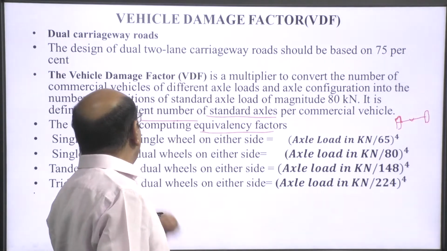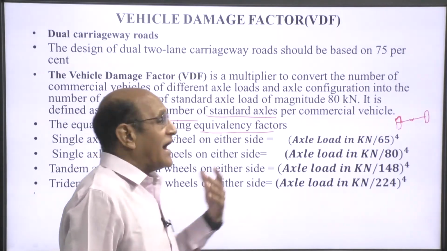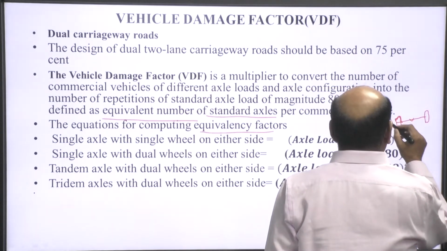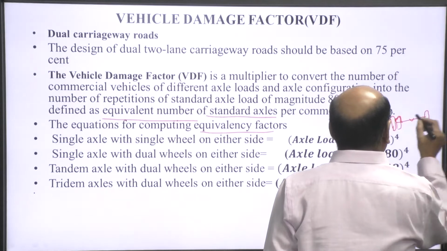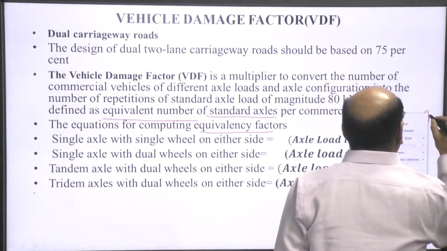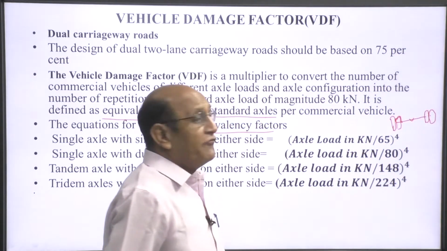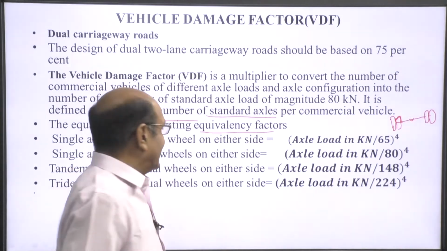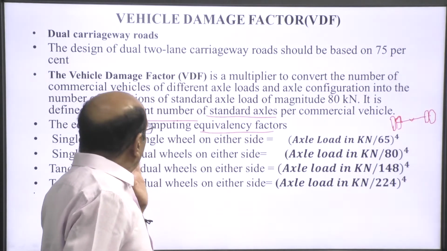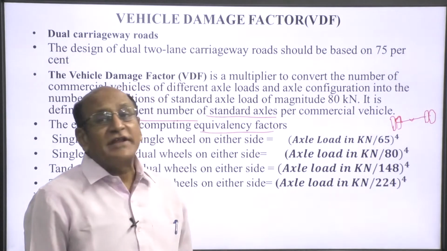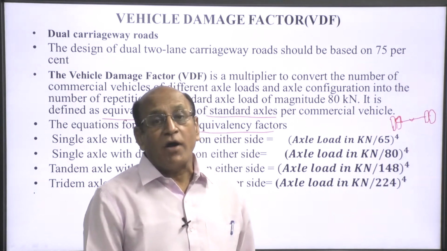Suppose single axle with dual wheels on either side. The equivalency factor will be axle load in kilonewton divided by 80 to the power 4.